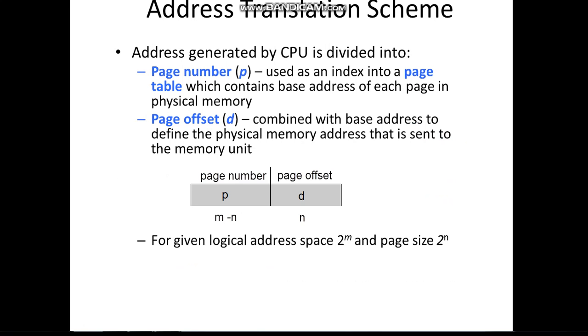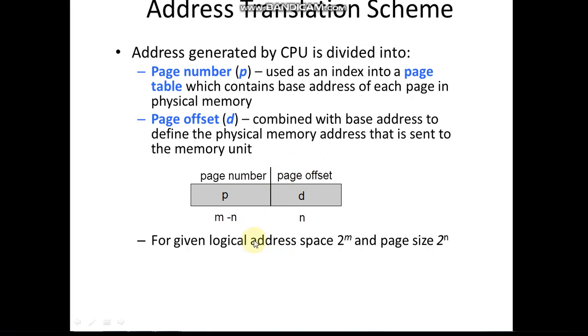So this is the address translation scheme. The logical address generated by the CPU is divided into two parts, page number and page offset, as you can see. The page number is used as an index into a page table, which contains the base address of each page in the physical memory, and the offset is combined with this base address defined in the physical memory, which is sent to the memory unit.